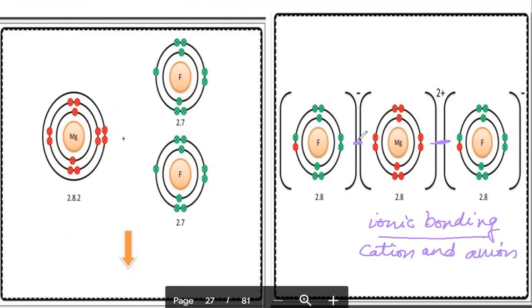So here we can see this is a force of attraction between the cation and anion, and this is known as ionic bonding. Now, in past papers, we have seen two examples, one of sodium chloride and another of magnesium fluoride. They often ask you in past papers which of these two compounds is going to show a stronger ionic bonding.